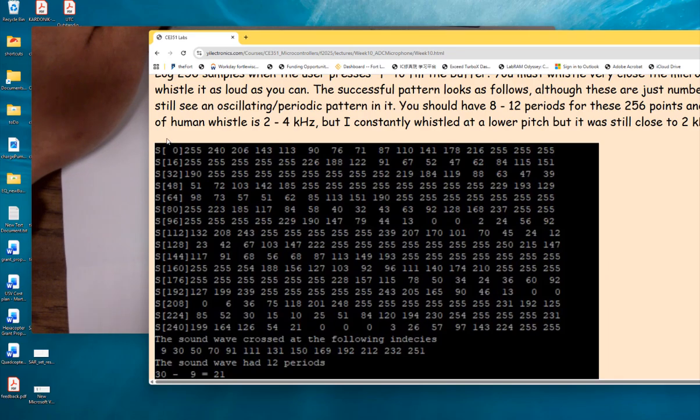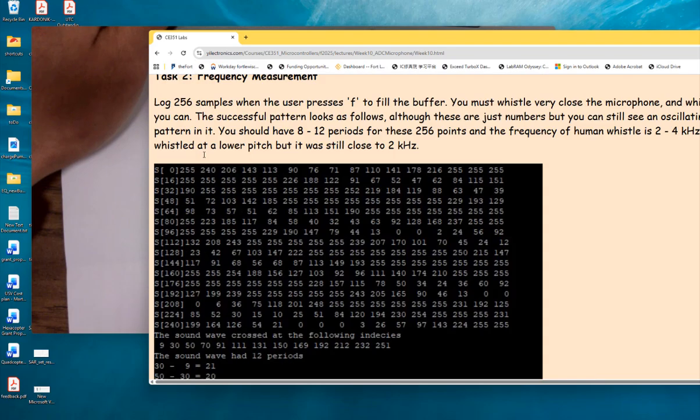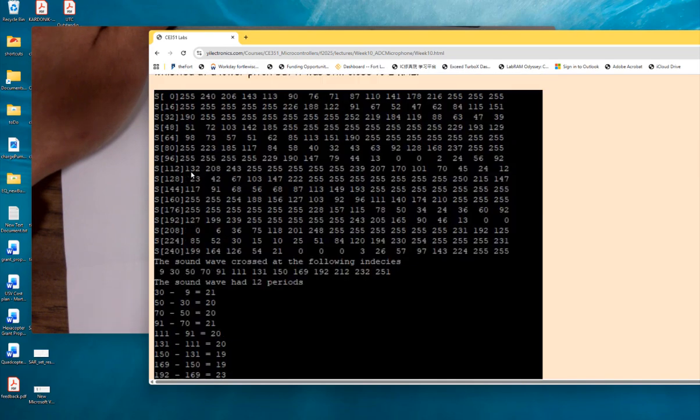But the first column to be printed out will be the line number. I format the line number as capitalized S with a bracket with a 0. It's just a character to be printed out, including the bracket. And so I'm asking you guys to write that code to print out these line numbers in this certain format.